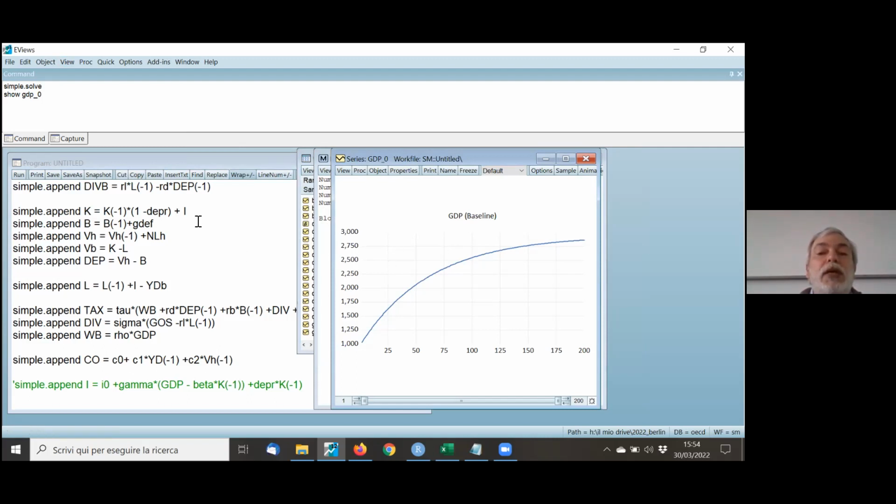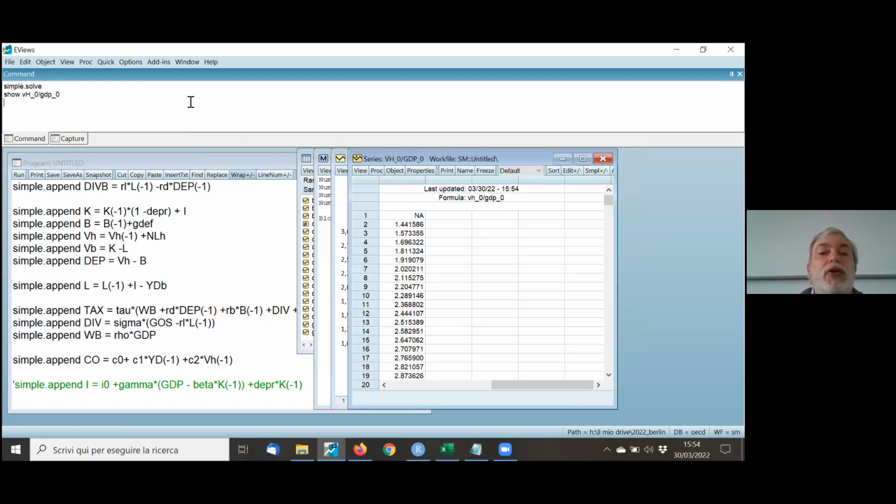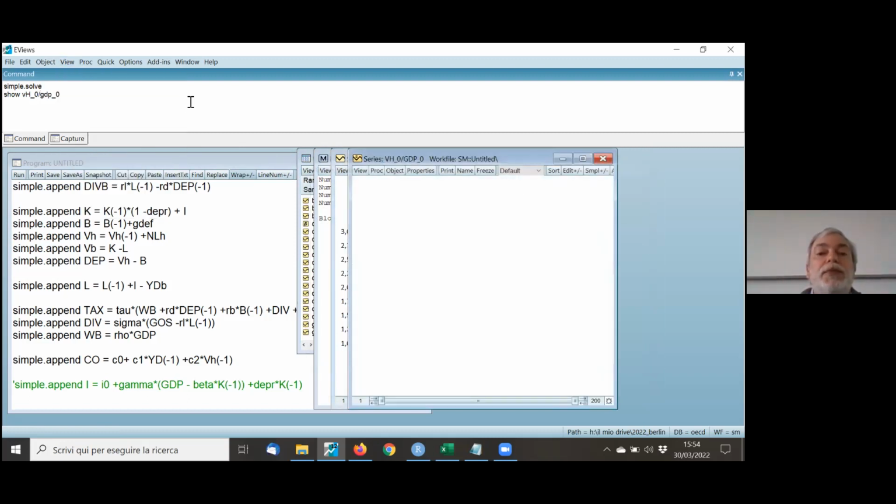So what we can do is look at the stock flow ratios at steady state. And let's look at the stock of bonds relative to GDP.